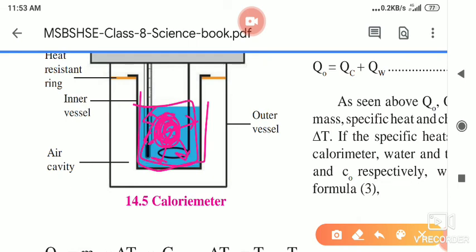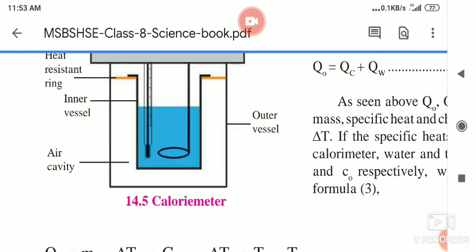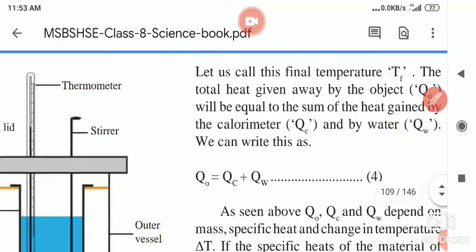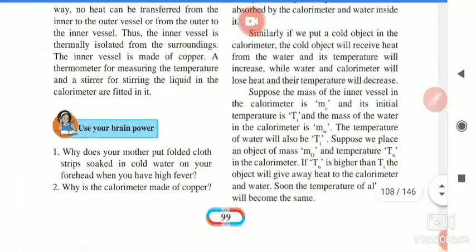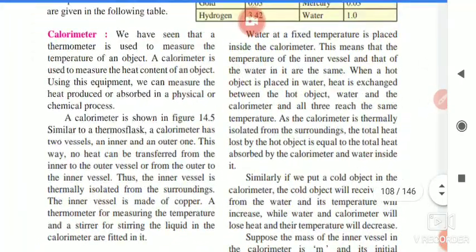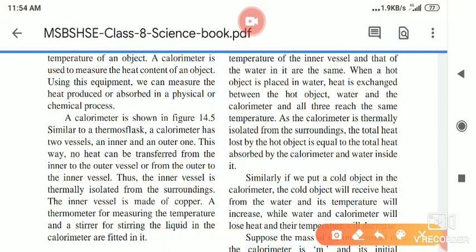So the hot object releases energy, heat, into the water and towards the vessel, until the temperature of the vessel, the temperature of the water and the temperature of the object become the same. Till that time the exchange of heat will take place. Clear what I told you? When the hot object is kept inside the water, what happens?